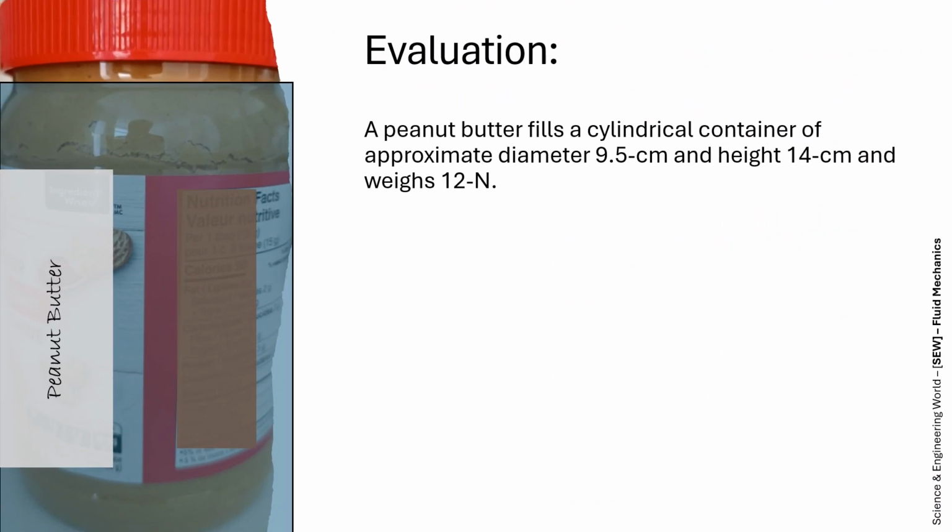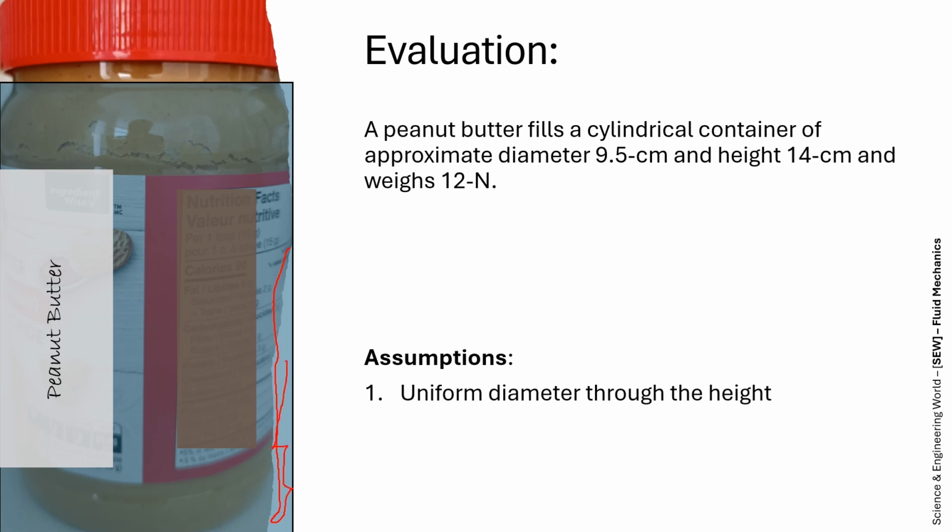In evaluating this scenario, let us take some assumptions. The first one: we look at this container, which is not regular, not uniform. So we have to take the first assumption that the diameter is uniform throughout the length of the container. That is why I put this shaded part on it.